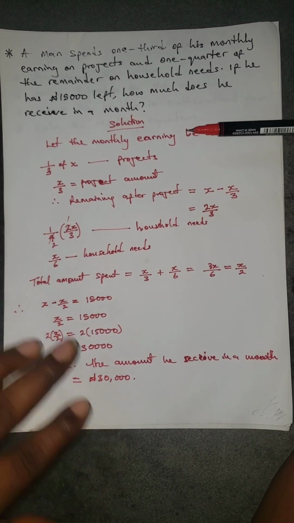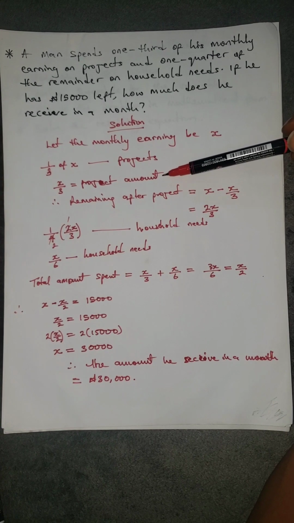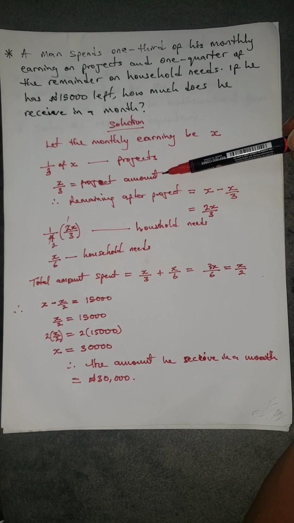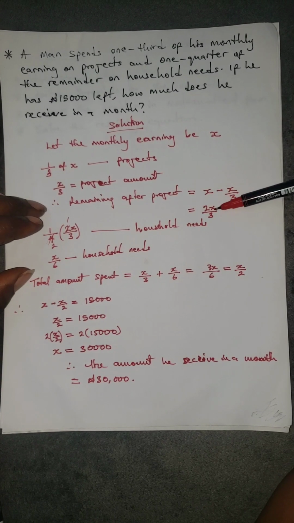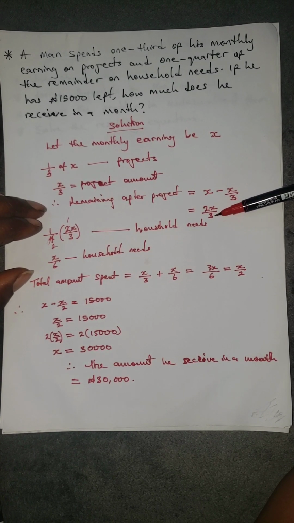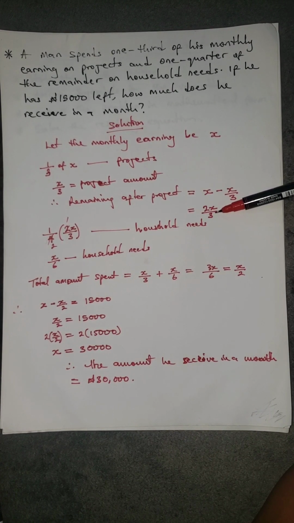Now, one third of 30,000 is 10,000. That means he spent 10,000 on project. So if he spent 10,000 on project, it simply means that 20,000 will be left. So this 2x over 3 is going to be 20,000, and one quarter of 20,000 is 5,000.